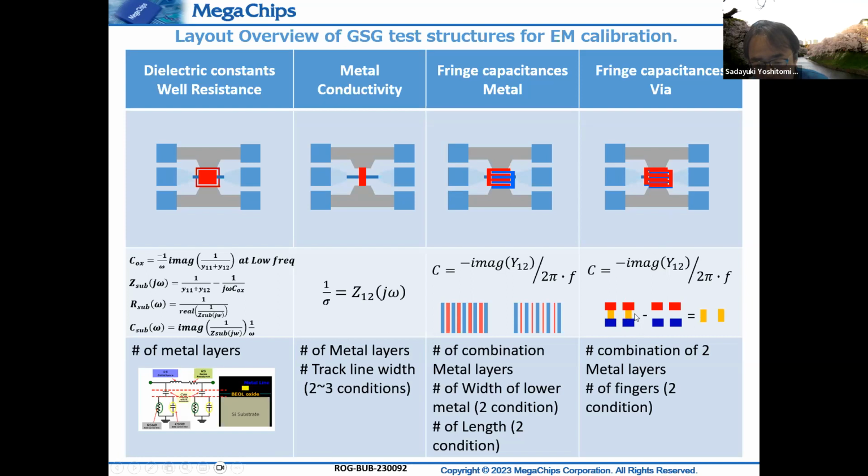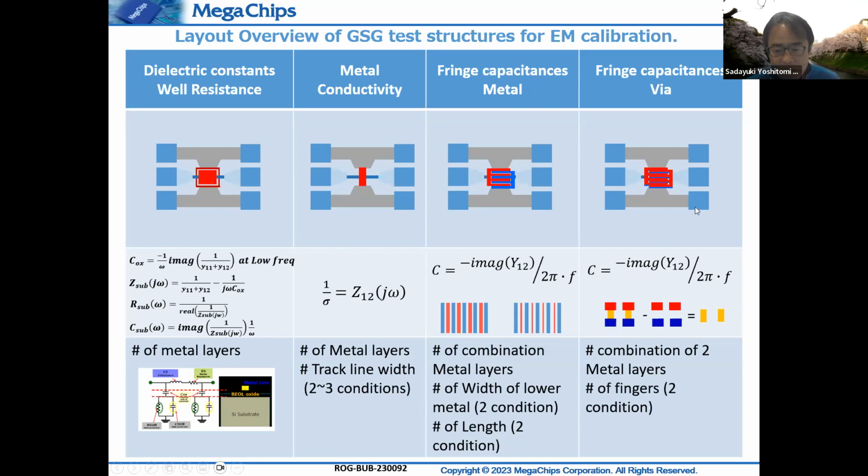And we prepare one set of MOM cap structures with via connected and without via connected. So to subtract the capacitances between the two variations, we can obtain the via to via capacitances at the end of the day.